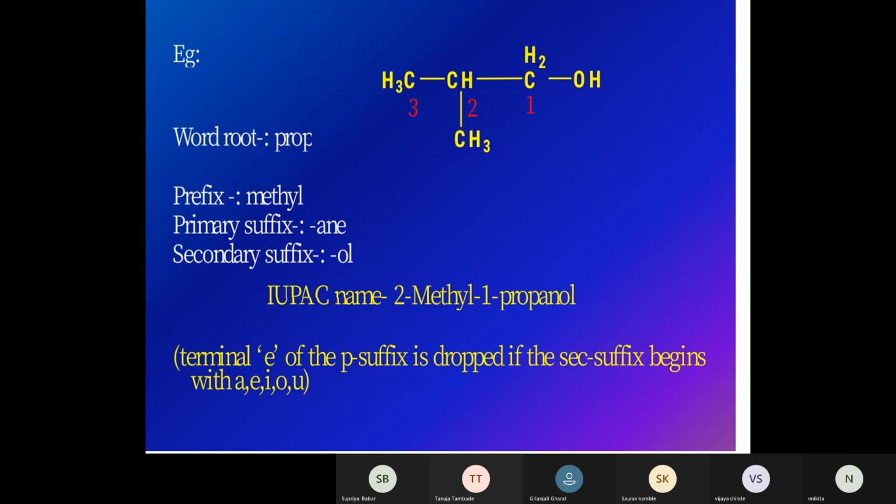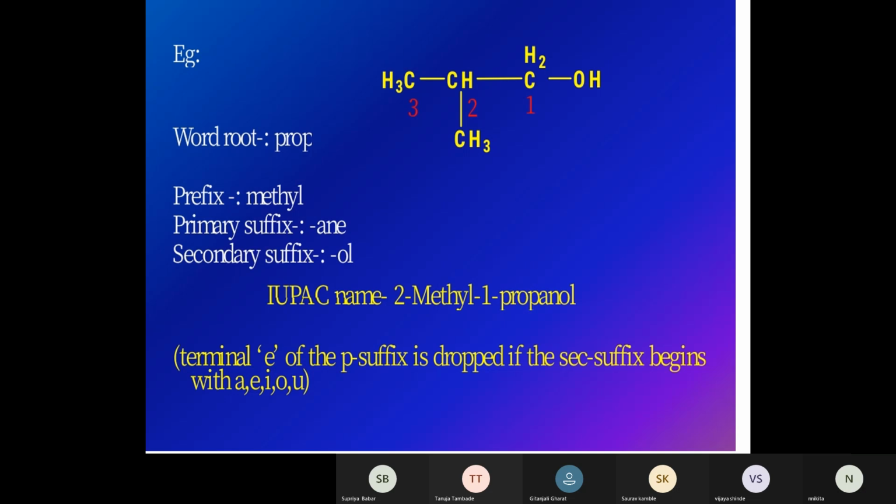So 2 methyl, after that there is a 1. That 1 indicates the position of the functional group. So 1 dash propane. The word root is pro, and the primary suffix we use is ANE, propane, because only single bonds are present.